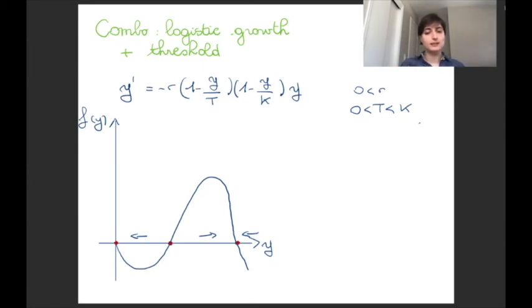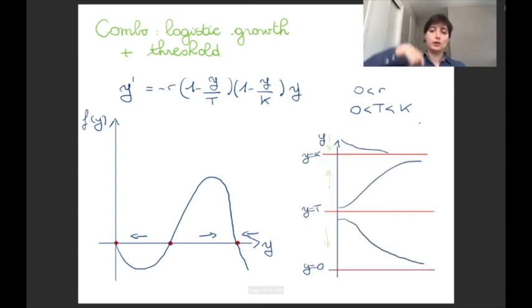So if you're looking at the dynamics of y, you see that for y starting between 0 and capital T, you are pushed towards 0. If you start between capital T and K, you're pushed towards K. And if you start over K, you're also pushed towards K, because y prime there is negative.